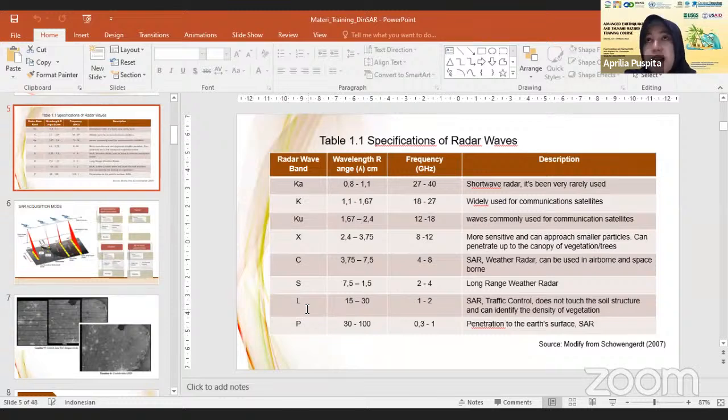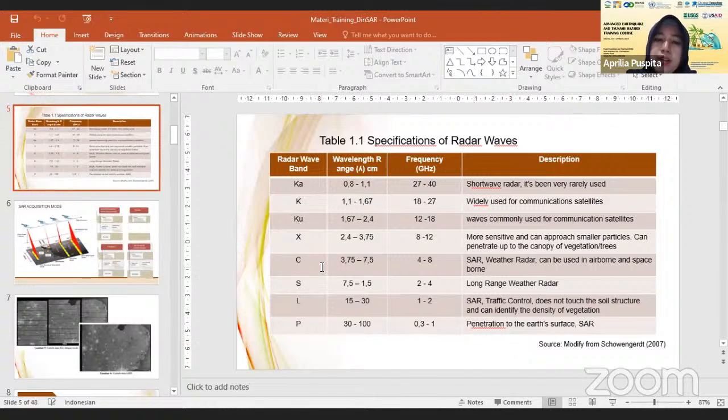L-band is, for example, the ALOS satellite. I think in Indonesia it is not free. But if you want high resolution satellites, you can use a P-band, for example the TerraSAR satellite, and I think you need to pay to get the data.